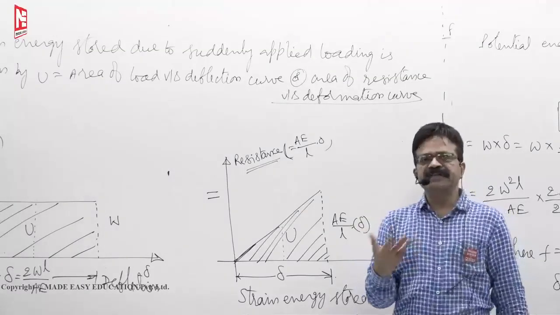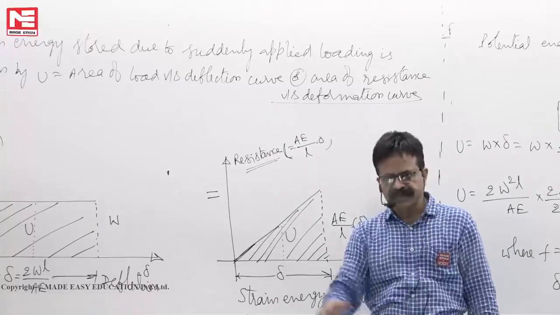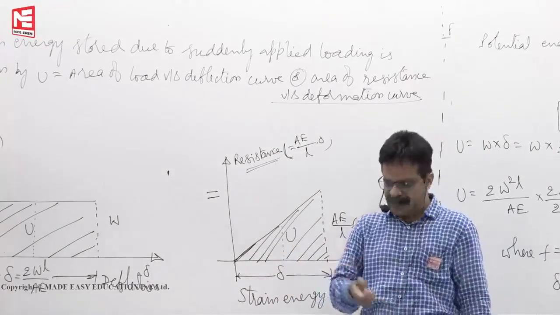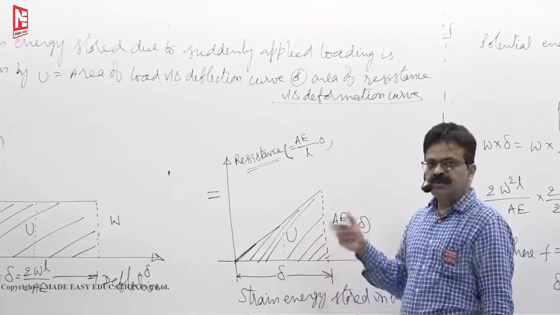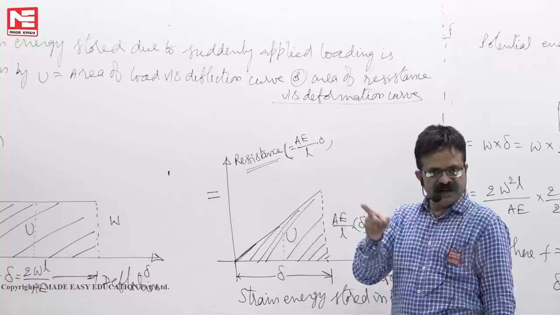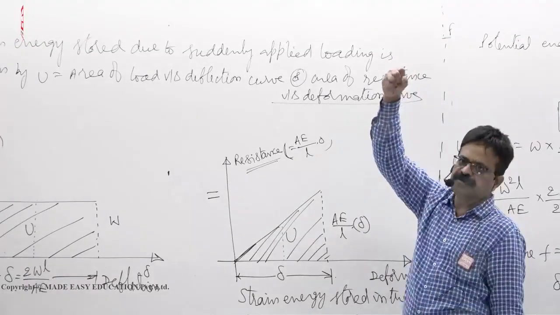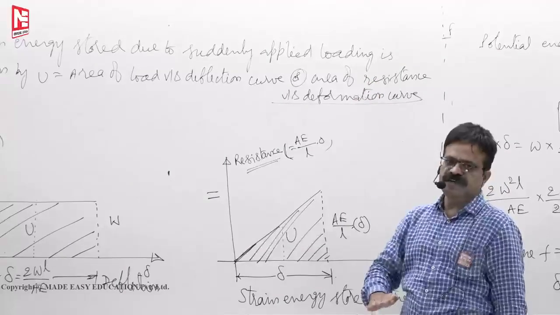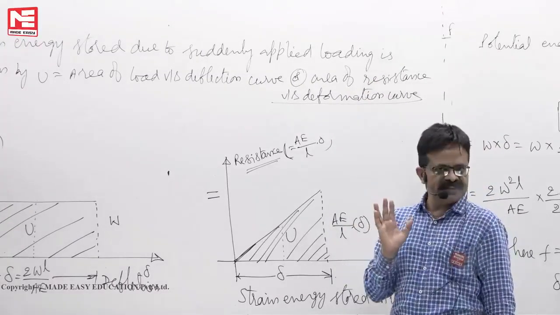Whenever there is an unbalanced force, W is the downward force, and at the time of reversing its direction, the resistance is in terms of 2W by A stress developed. Because of that unbalanced force in the member, it will pull the weight W, then it compresses the member, then it will again come down. The same process will repeat till the energy completely dissipates.